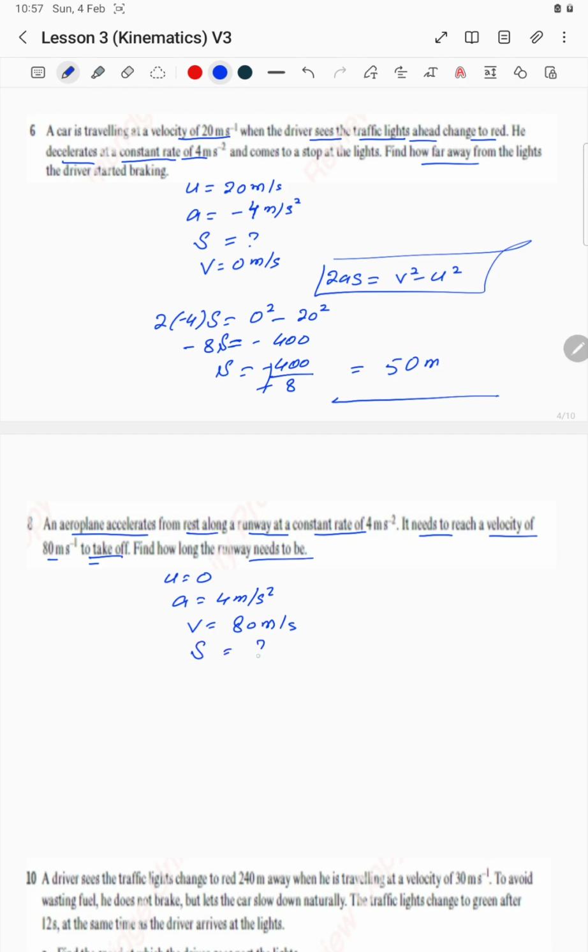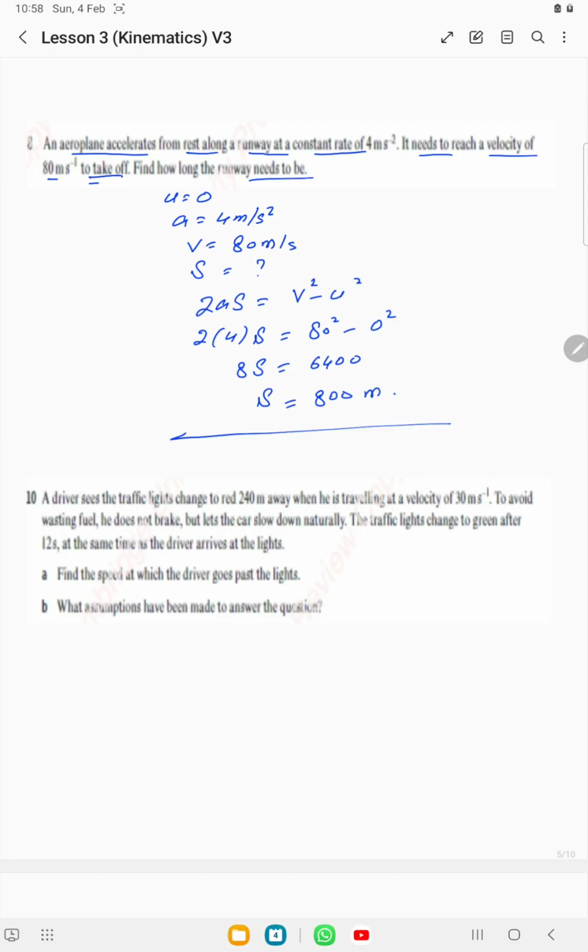So we are looking for s. Again it's a case for the third equation of motion, v square minus u square. You can apply it. 2a is 2 times 4, s we are looking for, v is 80 square minus u 0 square, 8s is equal to 6400, s will be 800 meter. I hope it is clear.